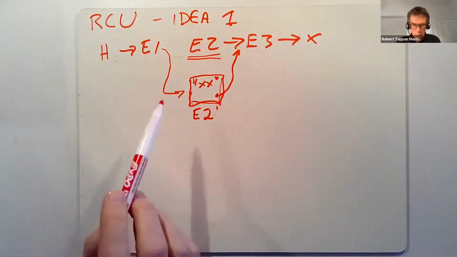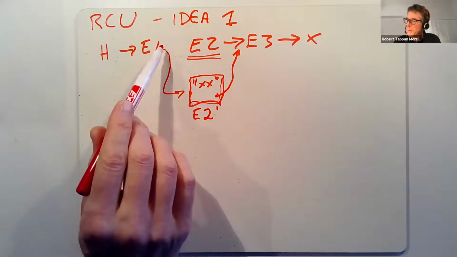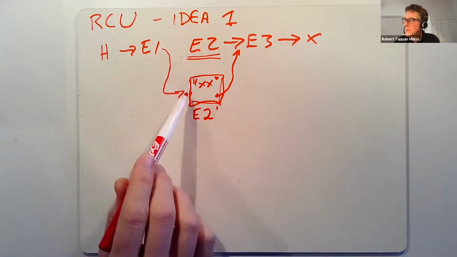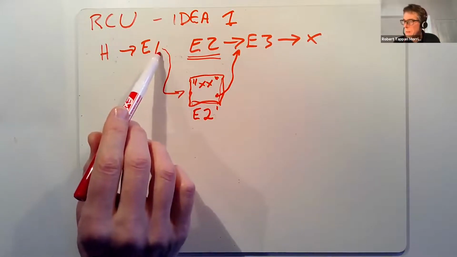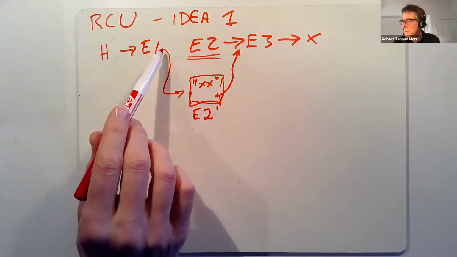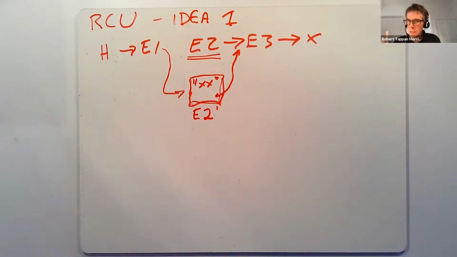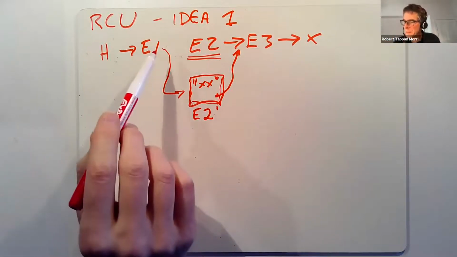As a piece of jargon, the swap of E1's next pointer from the old E2 to the new E2, in my head, I call this a committing write. And part of the reason why this works is that with a single committing write, which is atomic, like writes to pointers on the machines we use are atomic in the sense that either the write to the pointer happened or didn't happen from the perspective of readers.